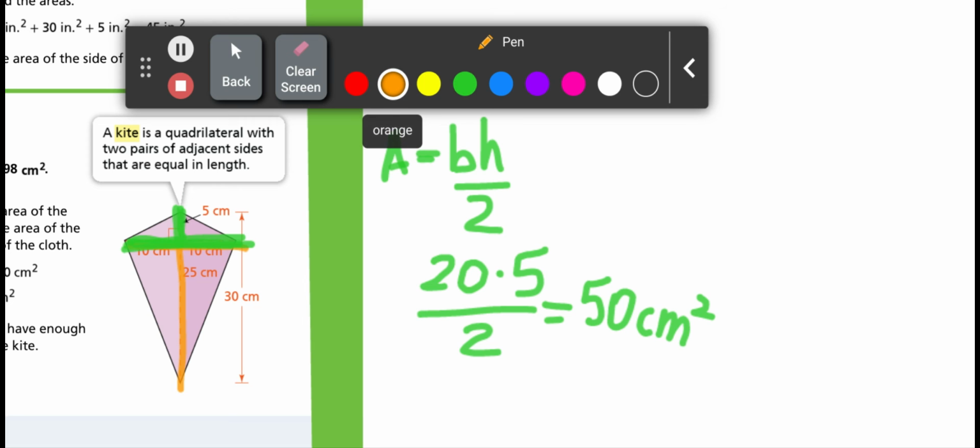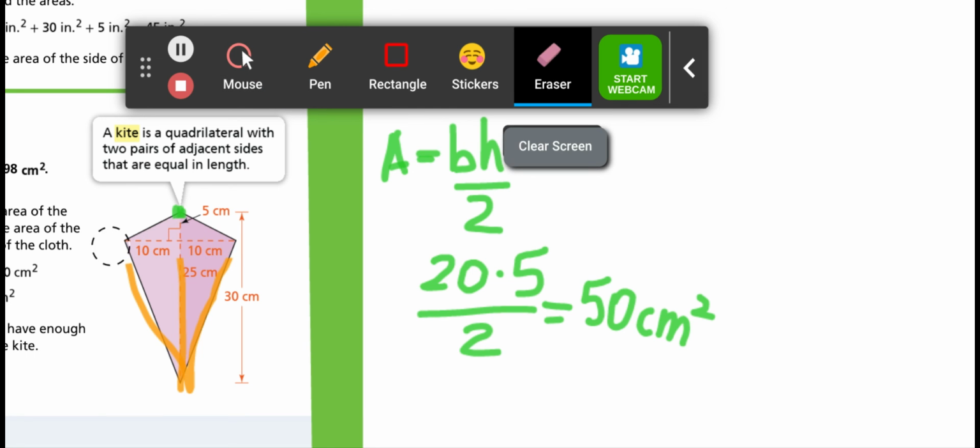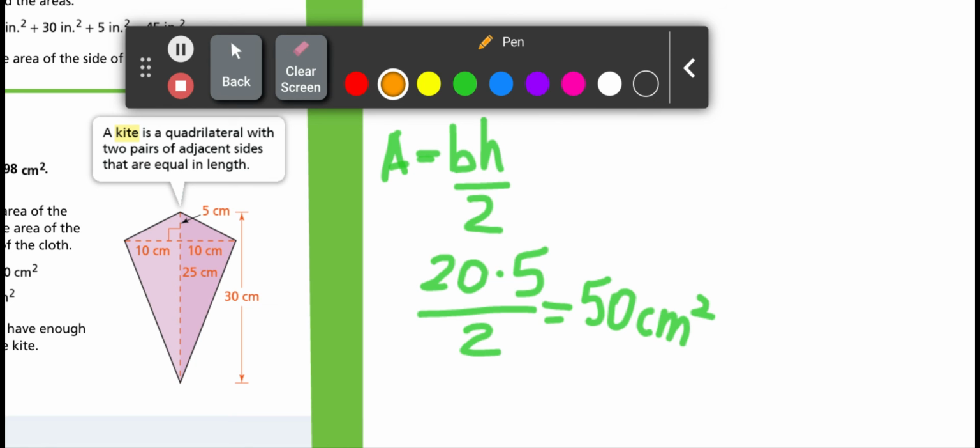Okay, now let's find the area of this orange triangle. So again, we have to look carefully. We have a base here. Well, first I'm going to rewrite my formula. Area equals base times height divided by 2. So my base is 10 plus 10, 20.